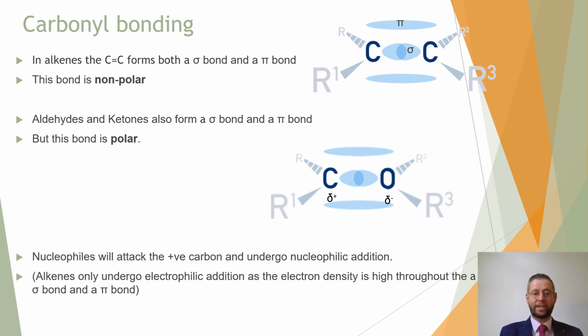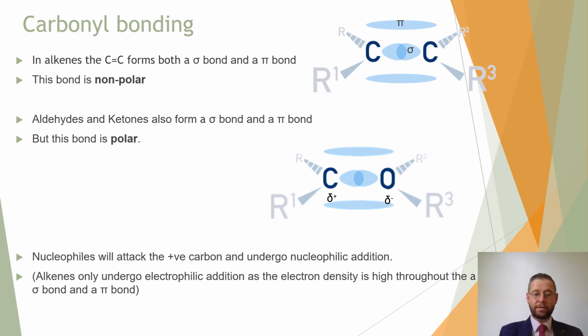However, we're now talking for aldehydes and ketones with a carbon-oxygen double bond. And what we have here is the same formation of a pi and a sigma bond, but what is different is the oxygen has two sets of lone pairs on the end. It means that it is quite electronegative, whereas the other end is quite electropositive. So we've got a dipole moment across the two.